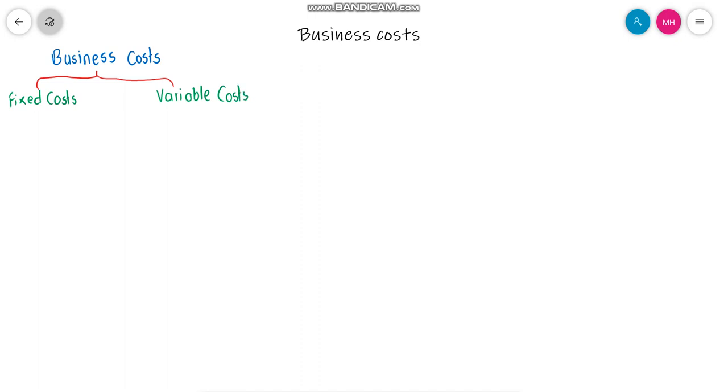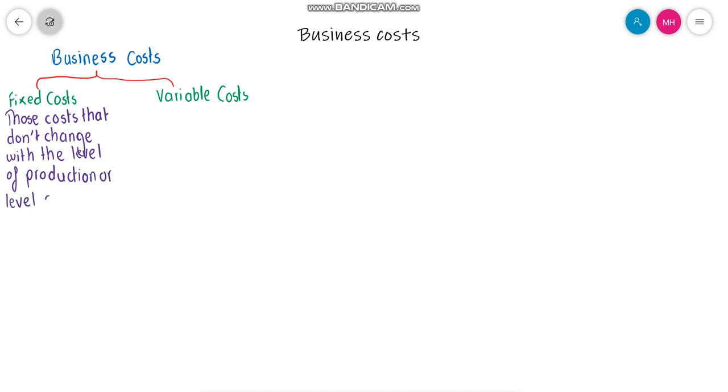Fixed costs are those costs that don't change with the level of production or level of sales. When I say production, it means the level of products being produced, and when I say level of sales, I mean the number of products being sold.